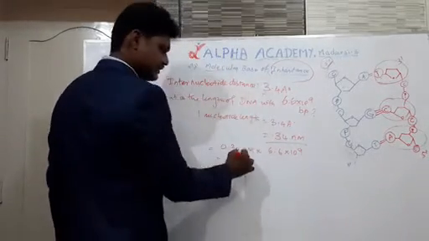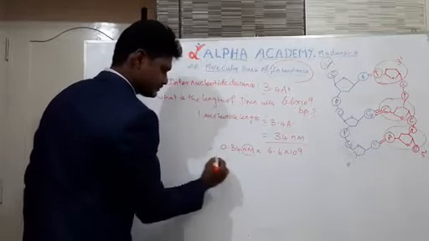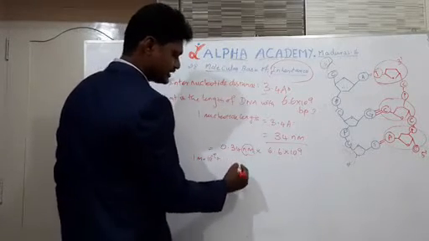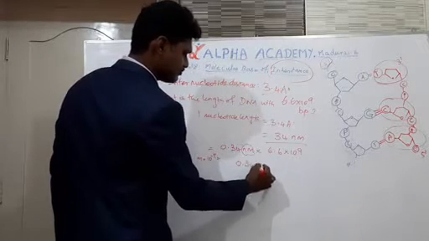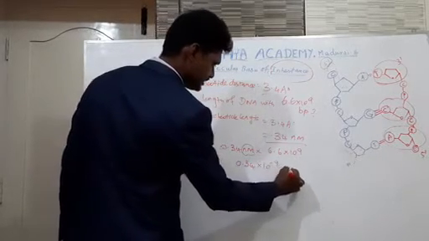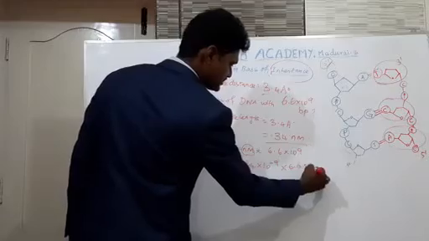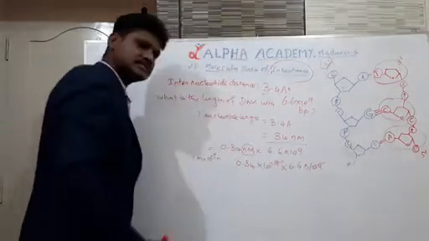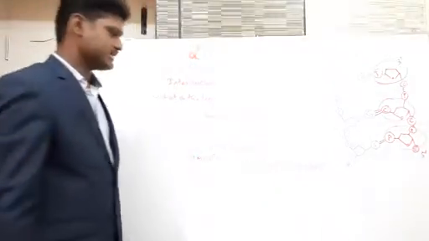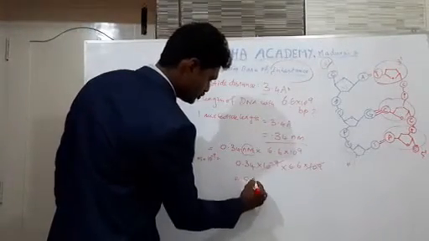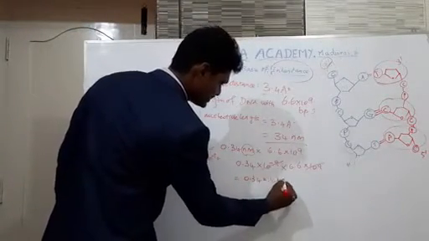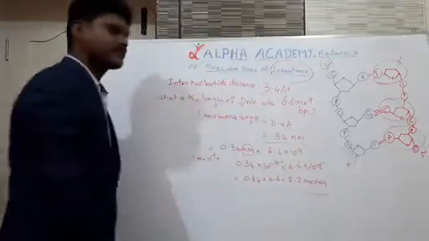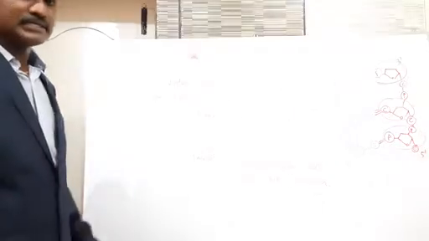We can convert nanometer into meter. 1 nanometer is equal to 10 to the power of minus 9 meter. So 0.34 into 10 to the power of minus 9 into 6.6 into 10 to the power of plus 9. Okay, so we can cancel 10 to the power of plus 9 and minus 9. Now 0.34 into 6.6 equal to 2.2 meter. Okay, so this is one of the problem.